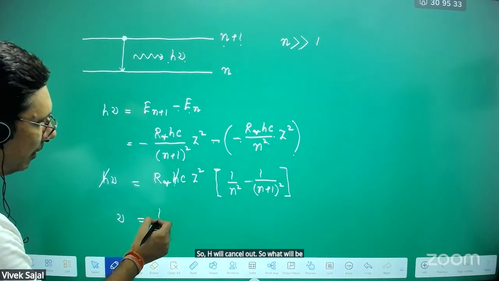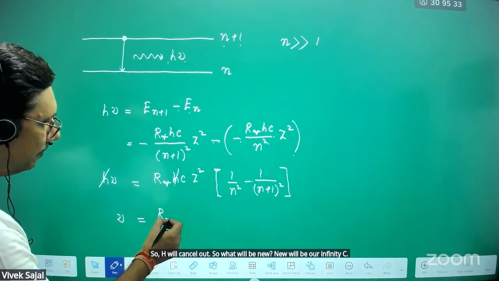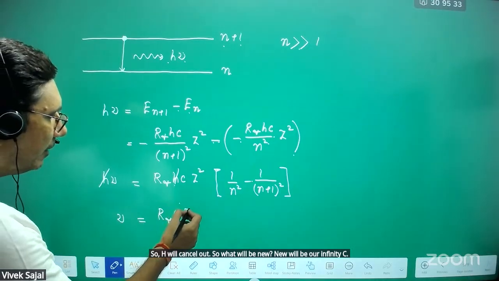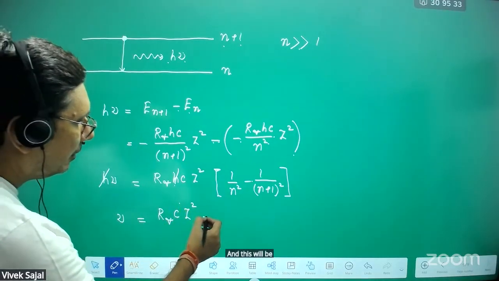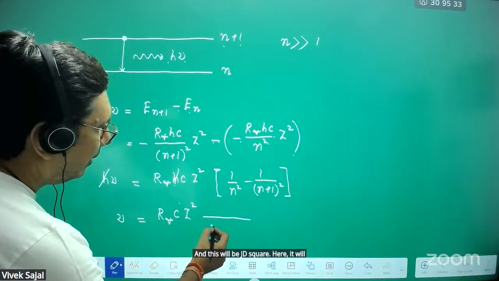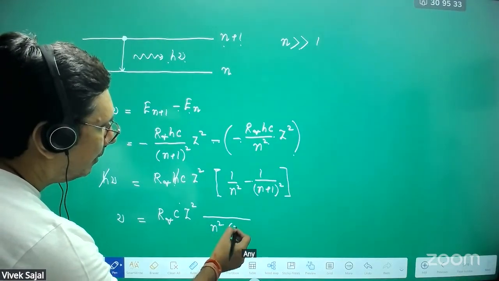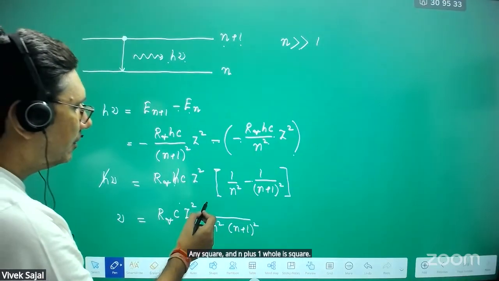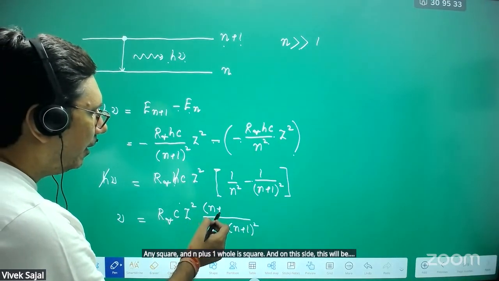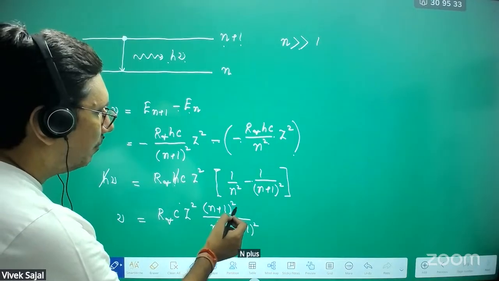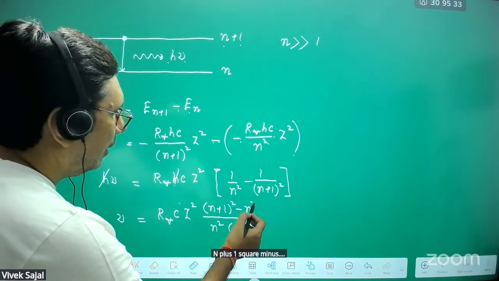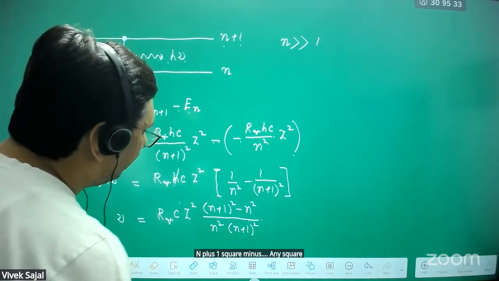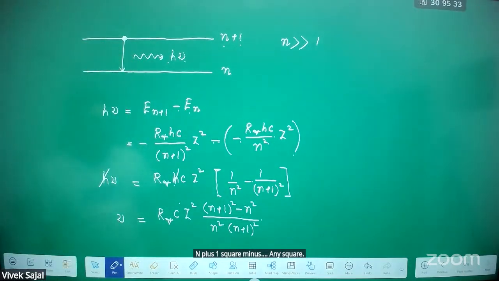Nu will be R infinity C, and this will be Z square. Here it will be n square and n plus 1 whole square, and on this side, this will be n plus 1 square minus n square.